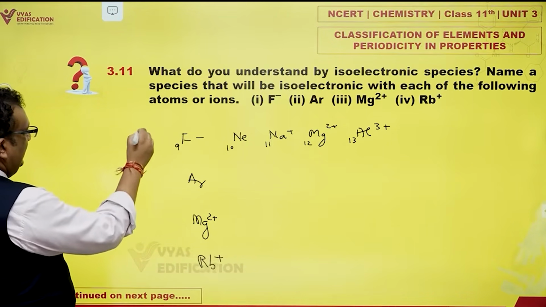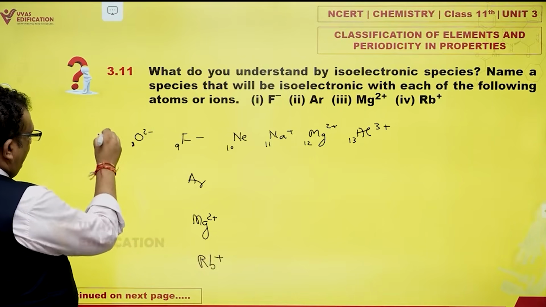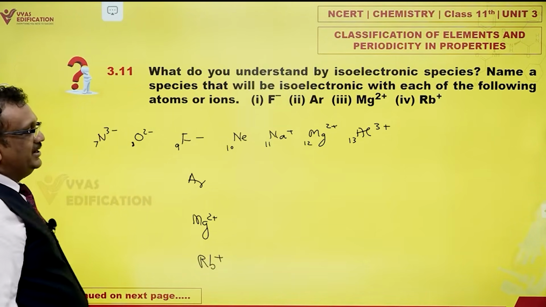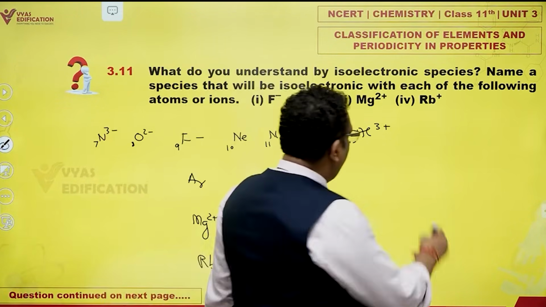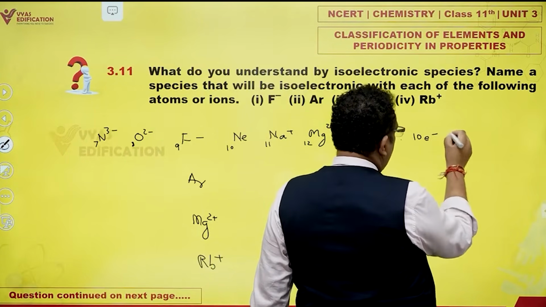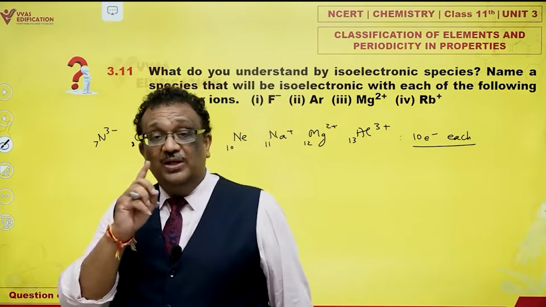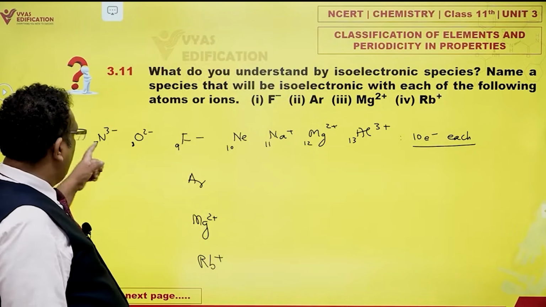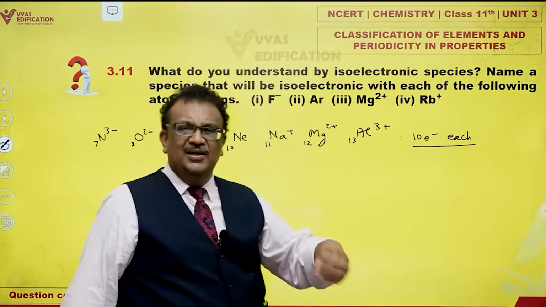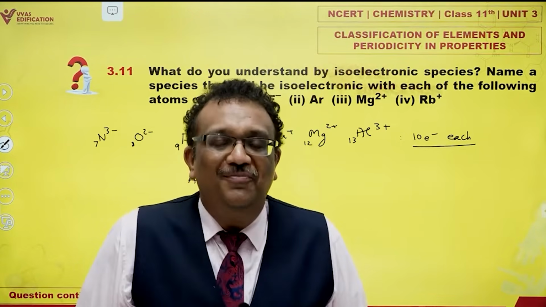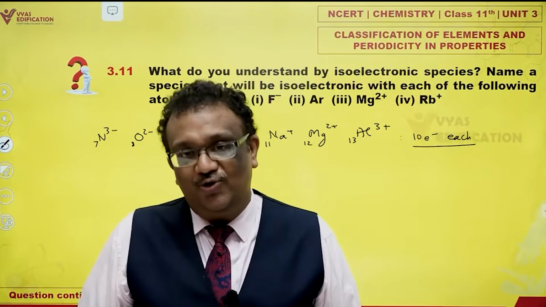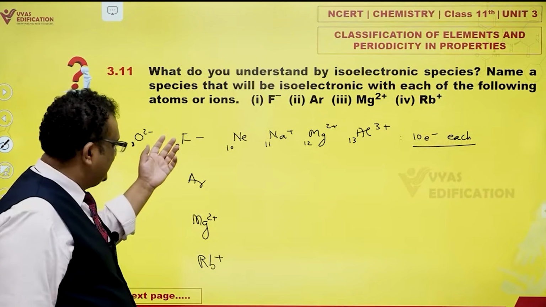Otherwise, I could take oxide ion or nitride ion. Each of them has 10 electrons. I was asked to suggest one species. I have suggested 1, 2, 3, 4, 5, 6. Take any one, and all of them are very much isoelectronic with F minus.